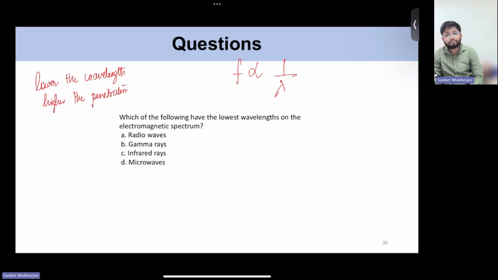This is also known. So the highest wavelength comes to infrared, right? After which we have radio waves, microwave, and then gamma rays. So gamma rays have the lowest wavelength, and gamma radiation is that's why the most harmful out of all radiations.